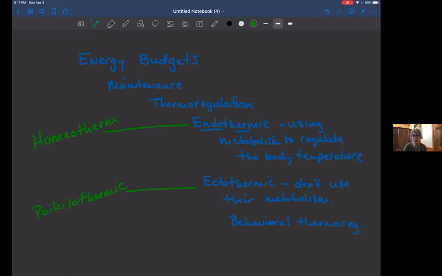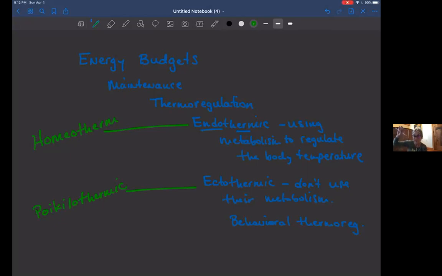So it's important to realize that these are alternative strategies of using energy. So there's not one strategy that is better than the other. It's just how they use it, right? So being an endothermic organism has allowed mammals to move into environments that are very cold. So if you think about the Arctic, for example, you don't generally see very many lizards or snakes up there, right?